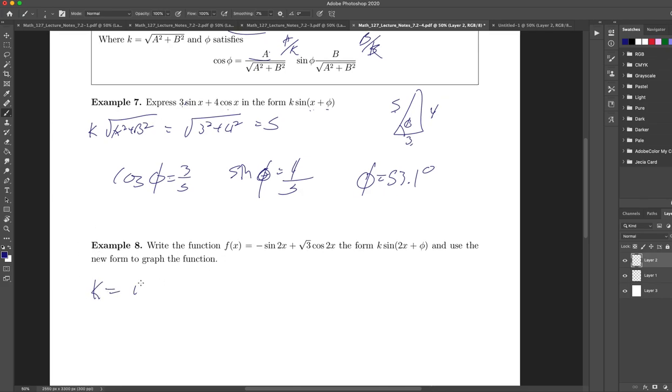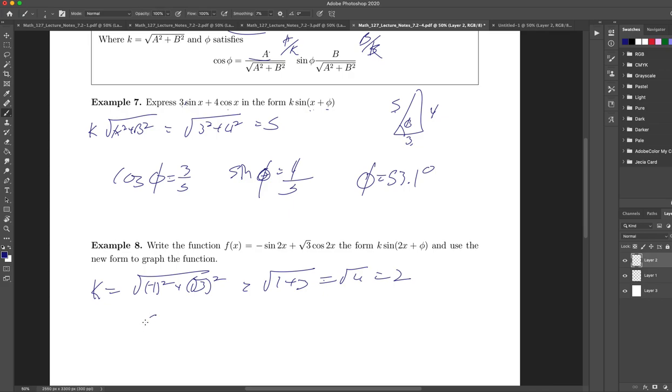K is equal to the square root of a, which is -1 squared, plus b, which is square root 3 squared, which is 1 plus 3, which is equal to square root of 4, which is equal to 2. So here our k is 2.